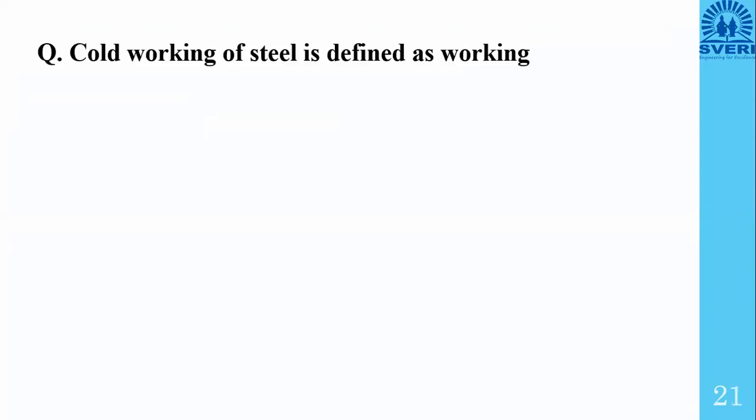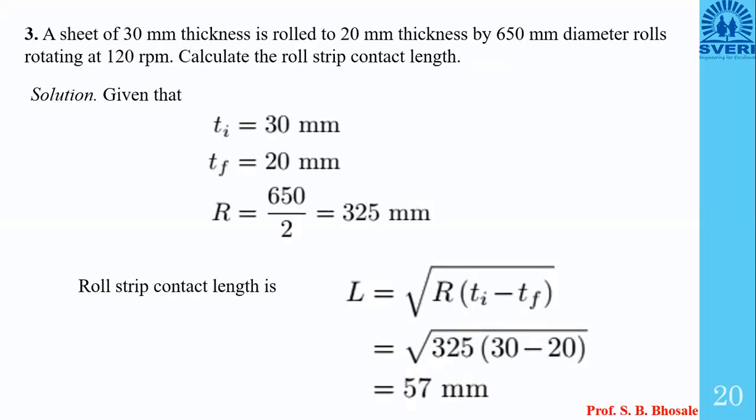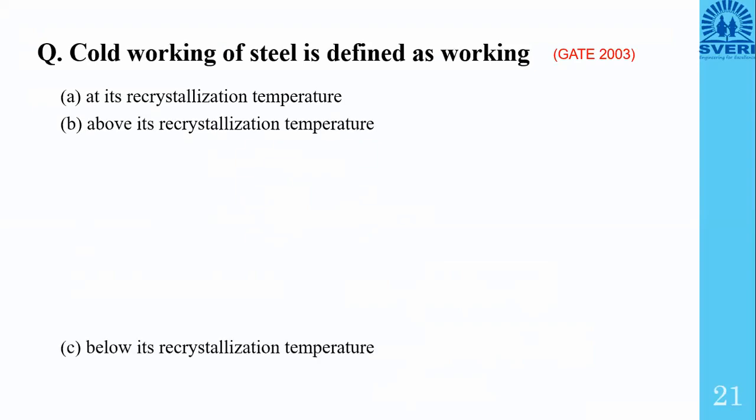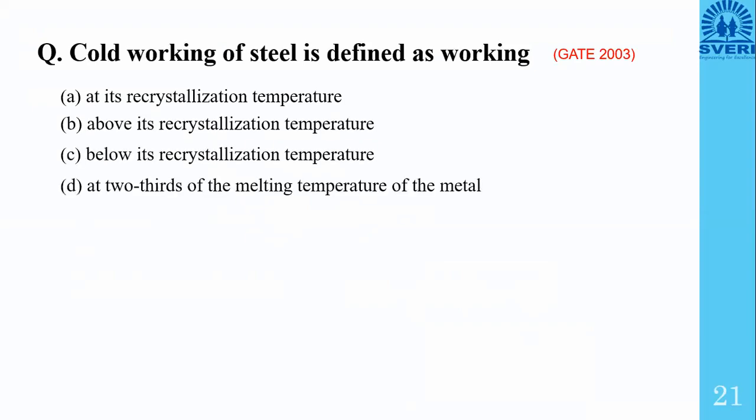Okay, so these are the examples. Let's go for some cold working. Cold working of steel is defined as: this is a GATE 2003 question.